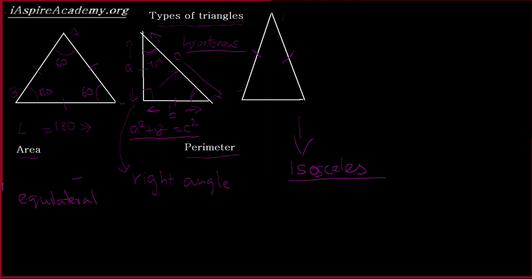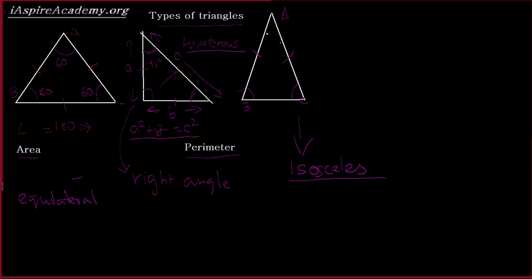For example, if we have triangle ABC and the side AB is equal to AC, then we call it an isosceles triangle. That leads to these two angles also being the same.